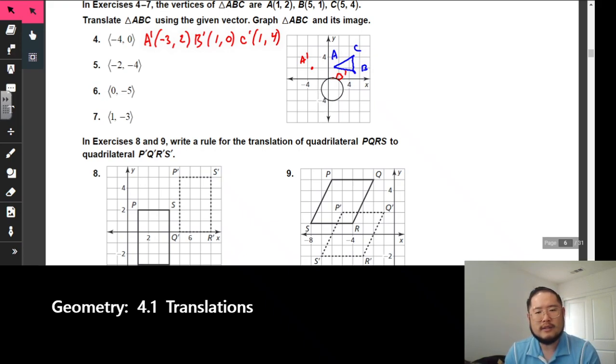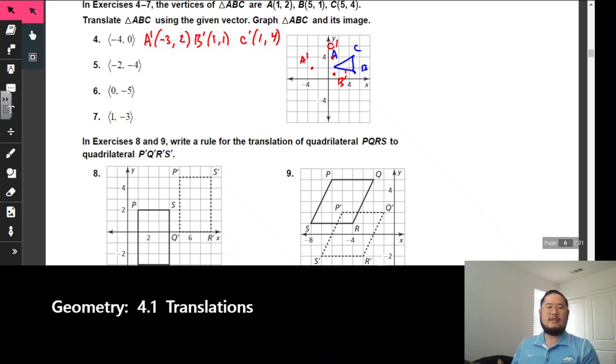Yeah, let's change that up right here. I messed up at B. It should not be at 1, 0, but at 1, 1. There we have B prime. And then we have C prime at 1, and then 4, all the way up there, and there's C prime. And there we have our triangle.